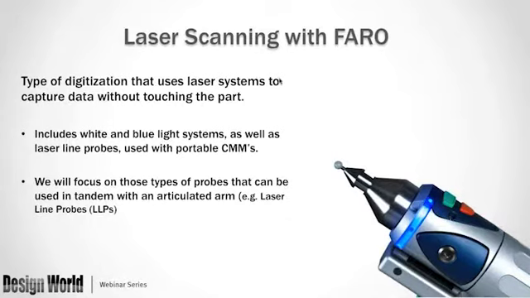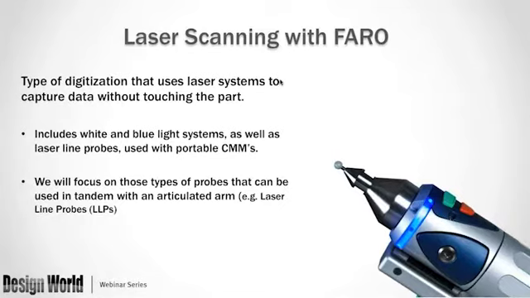But there are also laser line probes, which require attachment to a localizer device. This allows each image to be displayed in its correct position and orientation in space as it is captured in real time. We'll focus on those types of probes that can be used in tandem with an articulated arm, the laser line probes with portable CMMs.